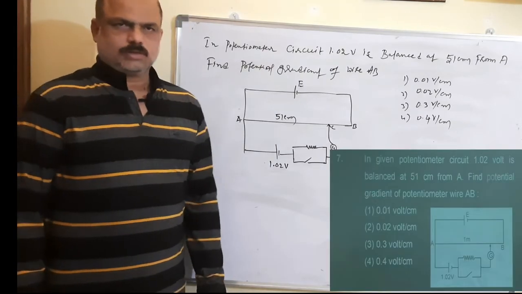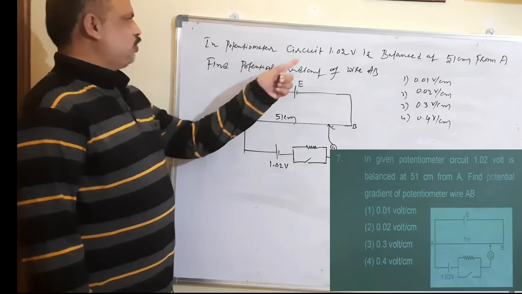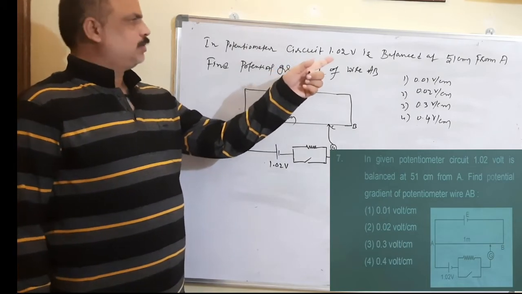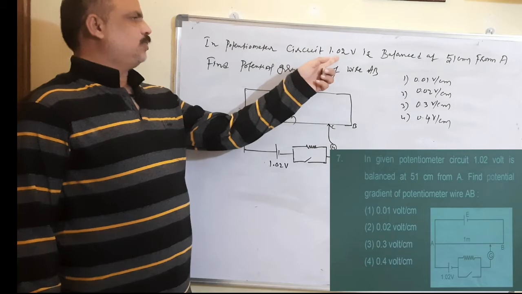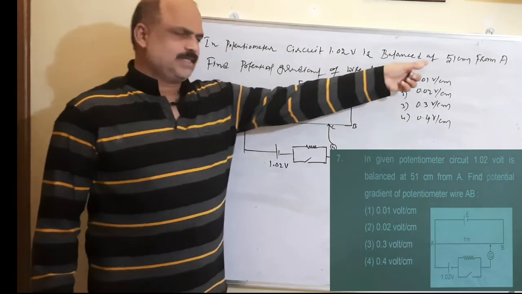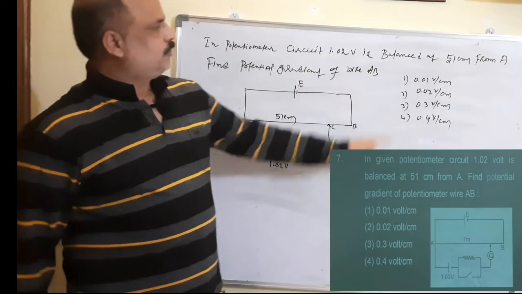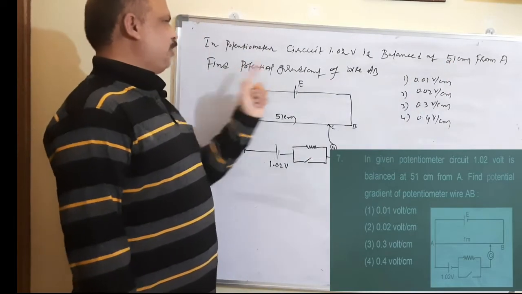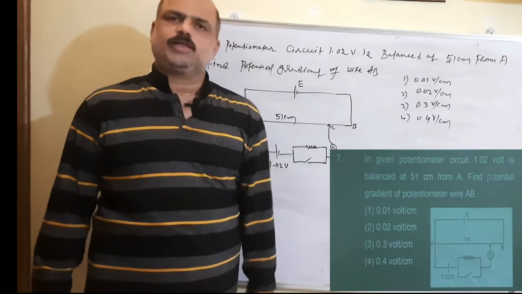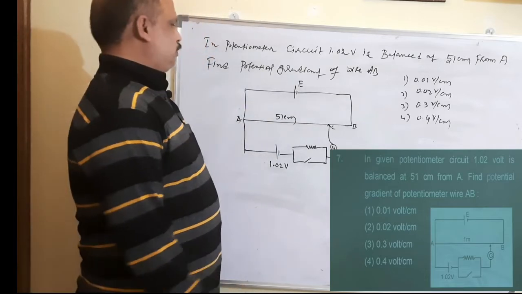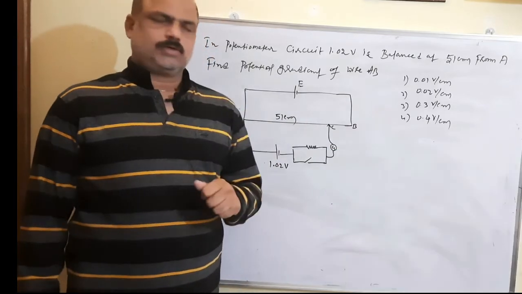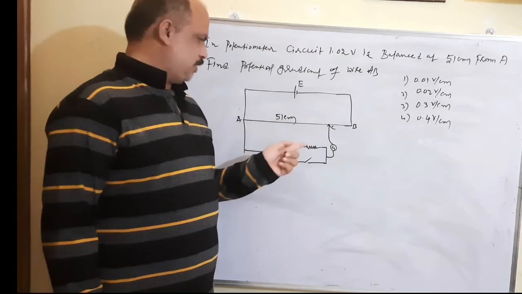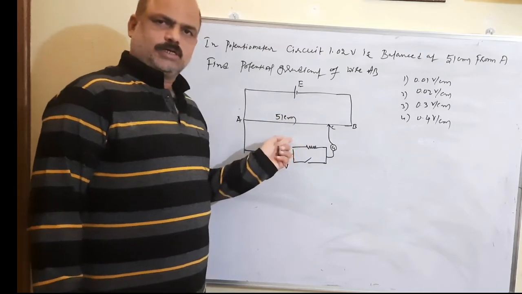So next question, in a potentiometer circuit, 1.02 volts is balanced at 51 centimeters from A. Find the potential gradient of wire AB. So this is a potentiometer circuit, this is a primary circuit, and this is a secondary circuit.